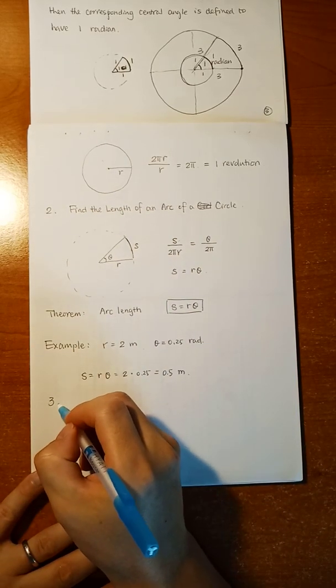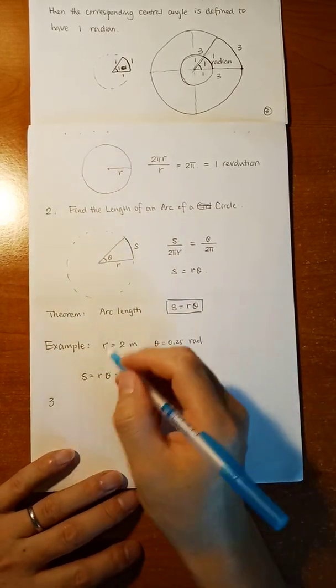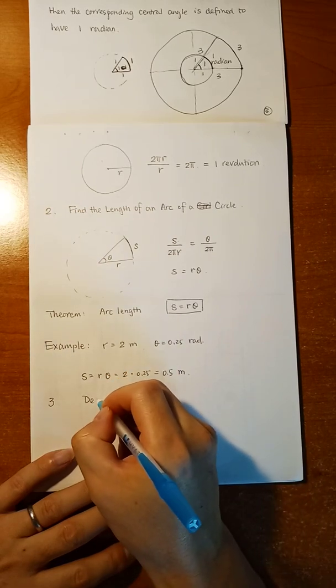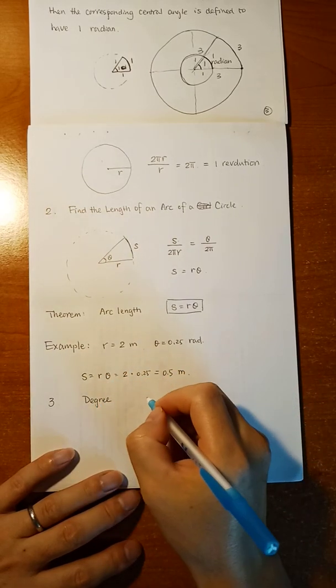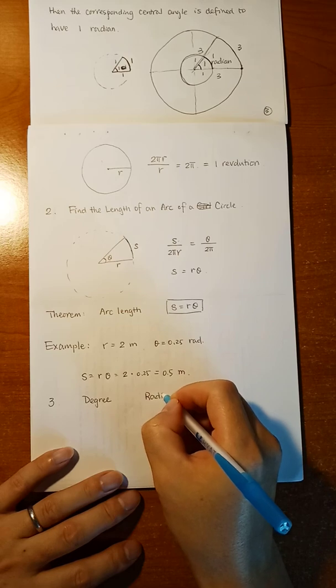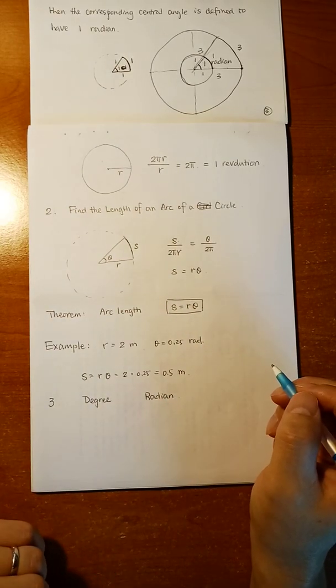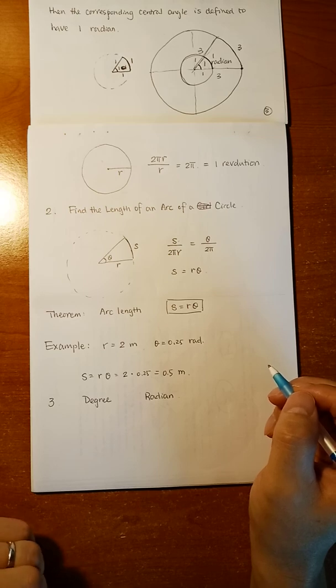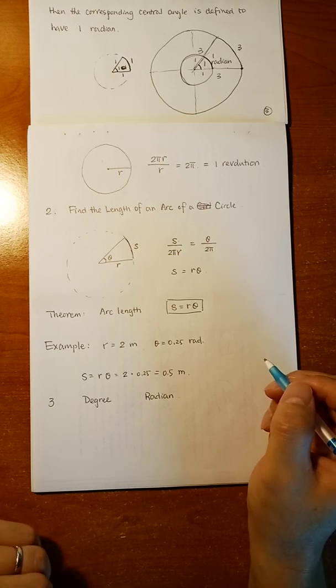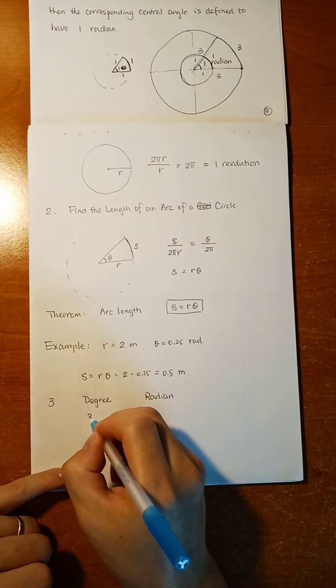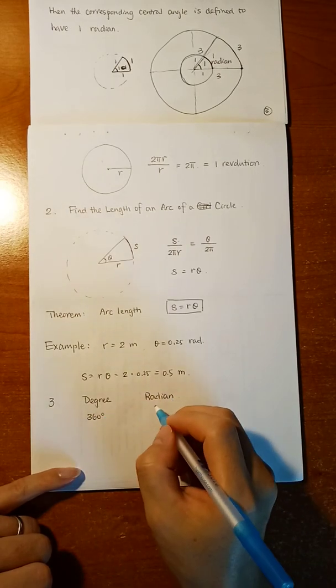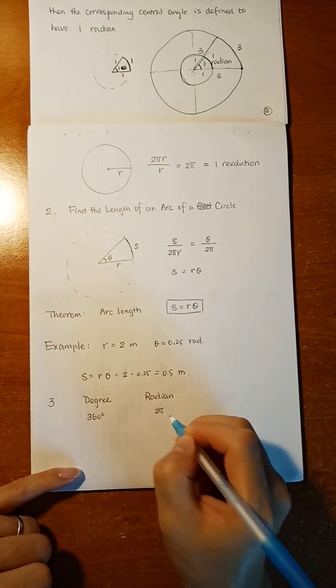Now we have two systems. One system is degrees. The other system is radians. Degree: 1 revolution is 360. Radian: 1 revolution is 2 pi.